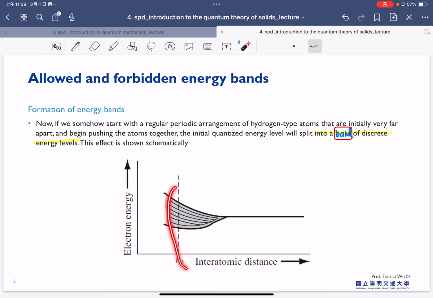So you can see the formation of a band if we try to push the atoms together.